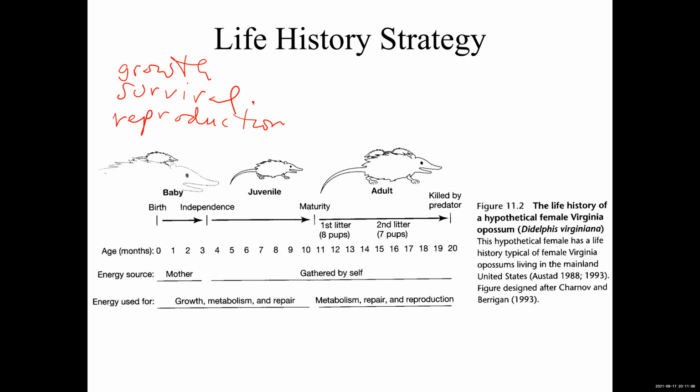But when we're looking at demographic factors, we also want to look at growth, because an organism is taking in energy throughout its life from some available food resources. It can use that energy to do one of these three things. It can grow, or it can survive, or it can reproduce. It can't do all three of them equally and at maximum amount, right?